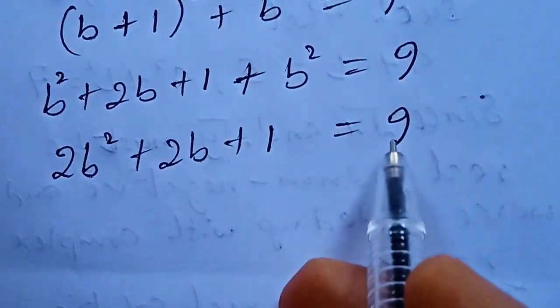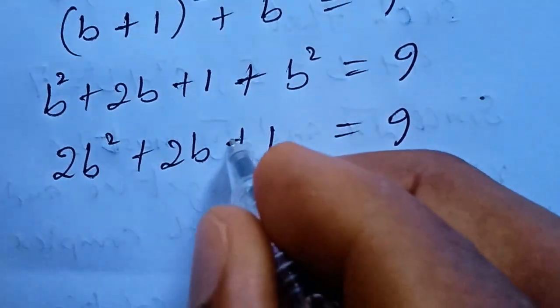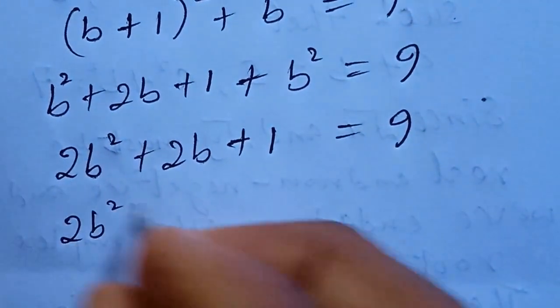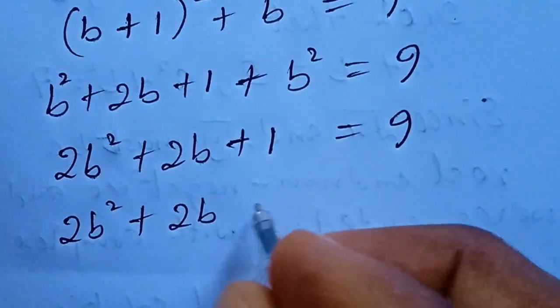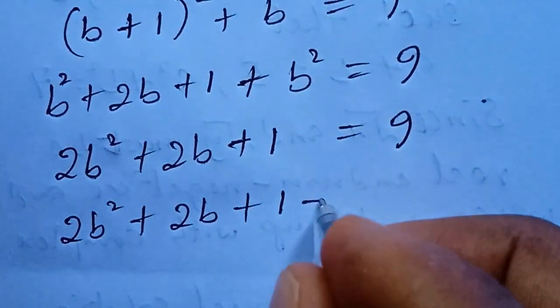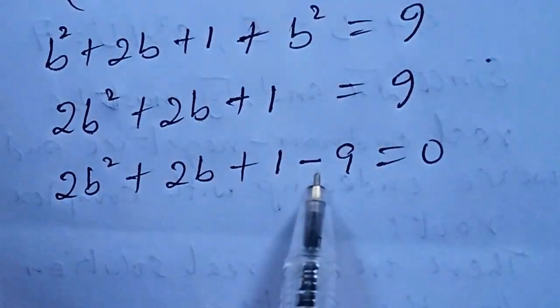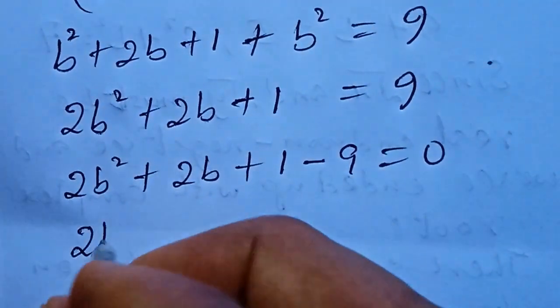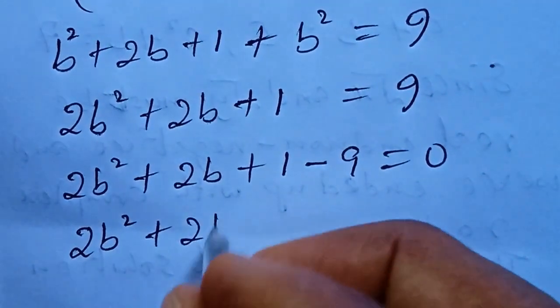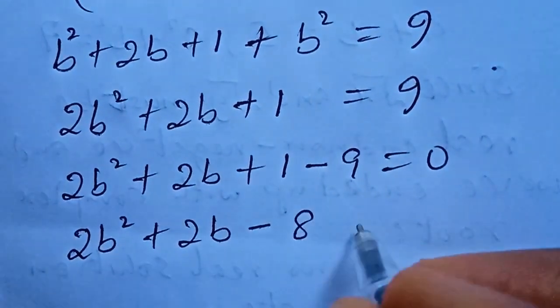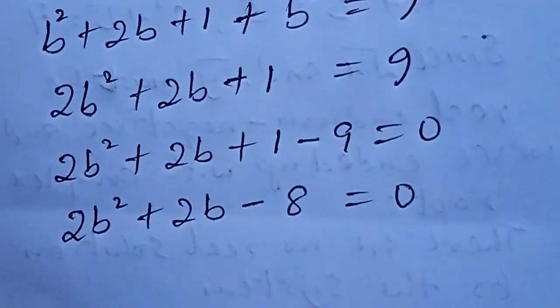Then from here, we move our 9 to the left hand side. We have 2b squared plus 2b plus 1 minus 9 equal to 0. If we simplify this, we have 2b squared plus 2b minus 8 equal to 0.